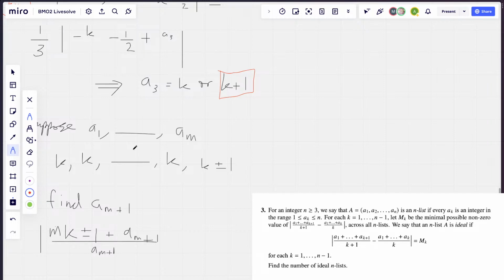Mk plus or minus 1 over m minus m plus 1. So mk plus or minus 1.